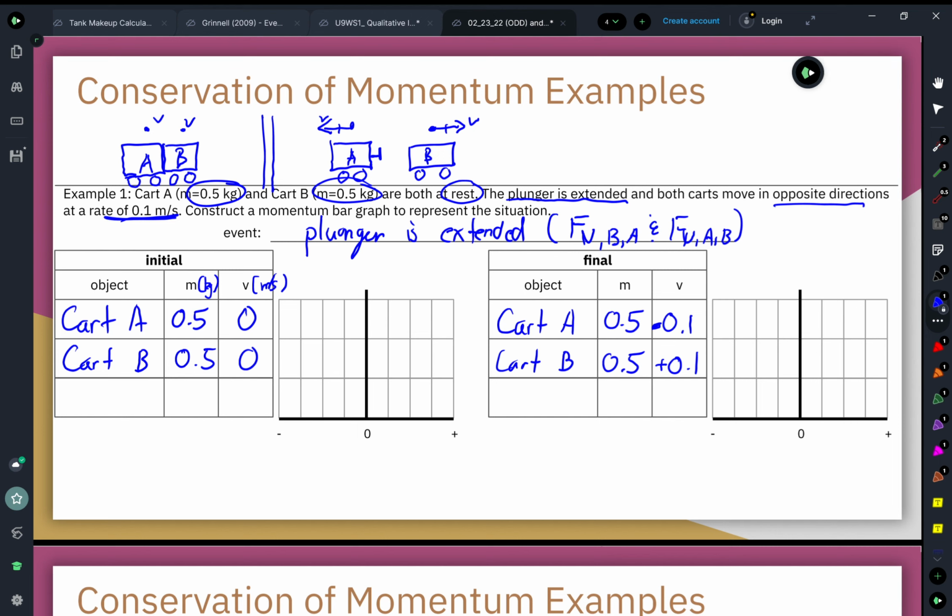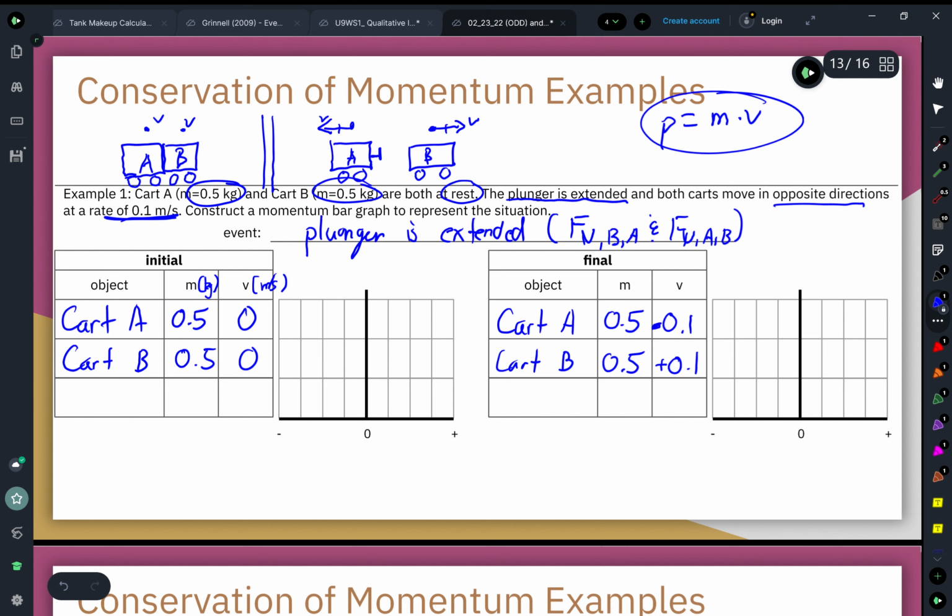Velocity is the speed and the direction of travel, and that's what we're going to be representing with step 3 now that we have finished identifying our objects, their masses, and their velocities. Step 3 is to draw a horizontal bar to represent the size and direction of the momentum for each object. Well, one thing that we should keep in mind is that momentum, represented with a lowercase p, is the mass of an object times its velocity.